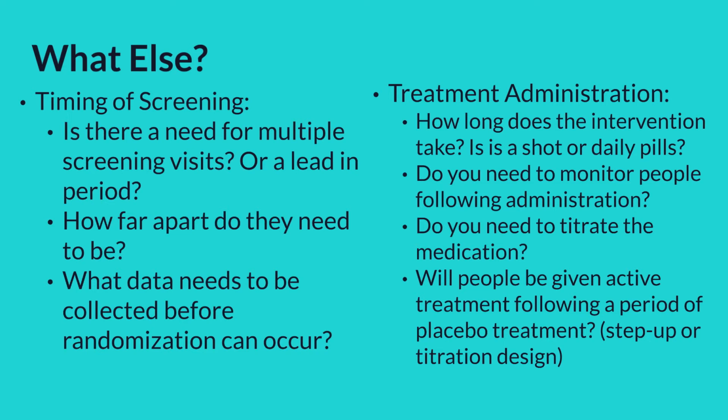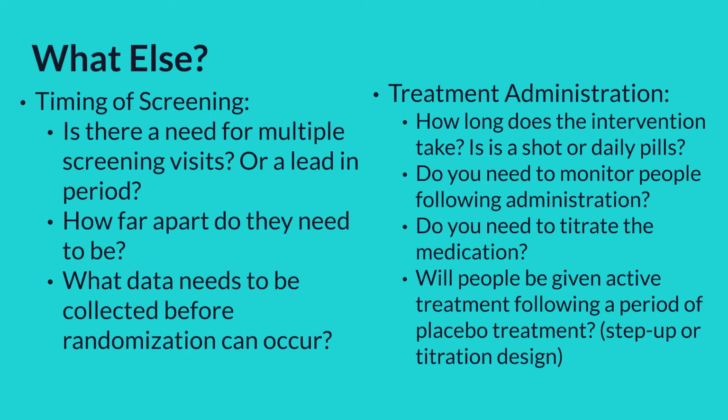So how long does it take for the treatment to fully take effect? Do you need to titrate medication? Are there gastrointestinal issues if you hit someone with a full dose and you need to titrate up to a full dose? So you wouldn't start your outcome assessment until they've hit the full dose of medication. And will people be given an active treatment following a period of placebo treatment? So is this a step up or, again, titration design?